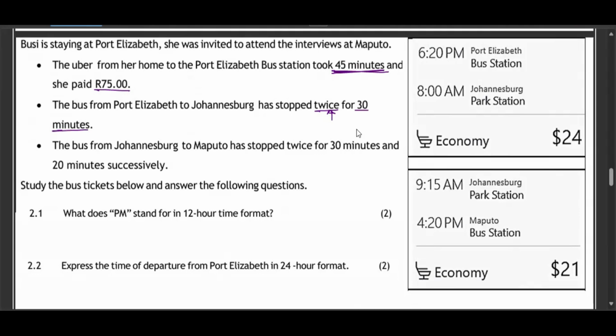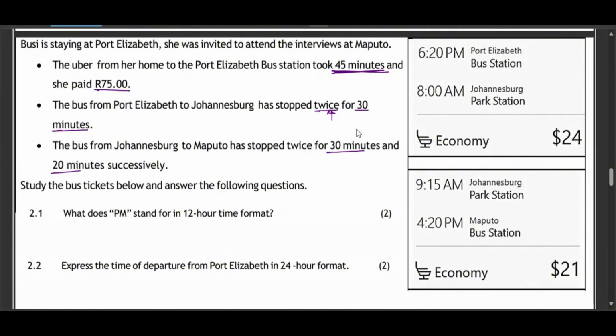The bus from Johannesburg to Maputo has stopped twice also, for 30 minutes and 20 minutes respectively. So that this one stopped 3 times. Okay, study the tickets below and answer the questions that follow.